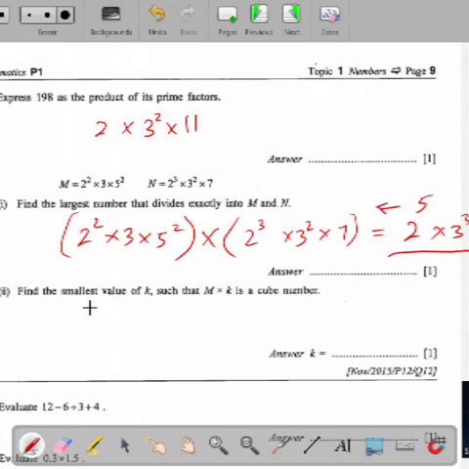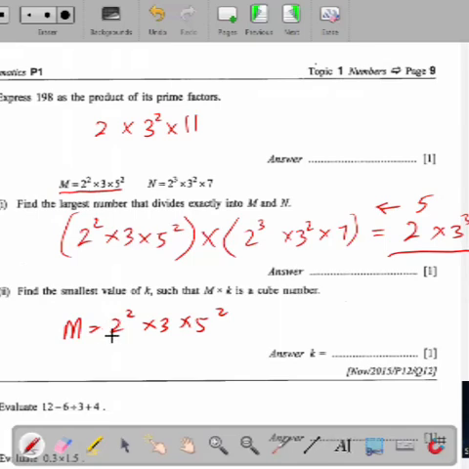Find the smallest value of k that makes M multiply k a cube number. So M is equal to 2 square multiply 3 multiply 5 square.